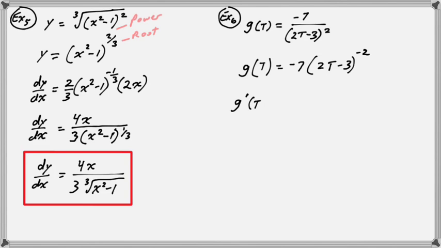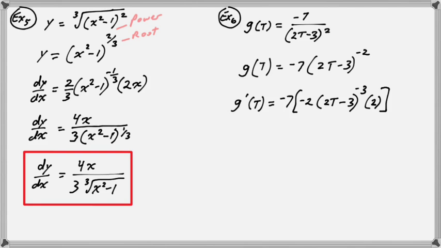So now when you take the derivative, you keep the -7 out as a constant factor. Then you do the power times the base 2t minus 3, to the 1 less power, which would be -3, times what's the derivative of the base? 2.